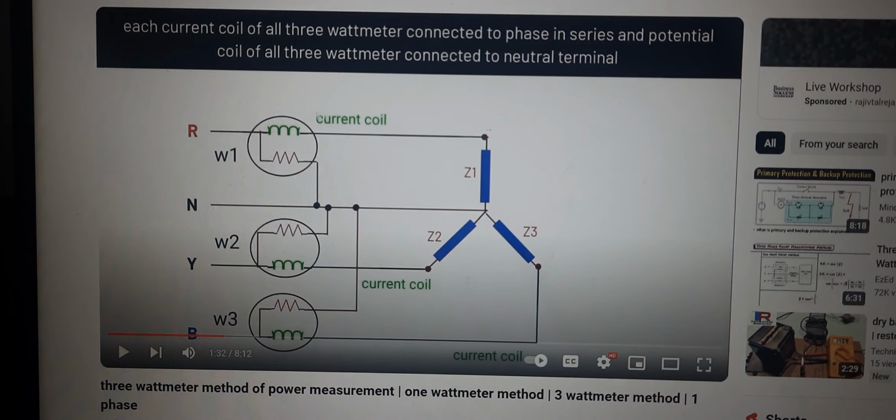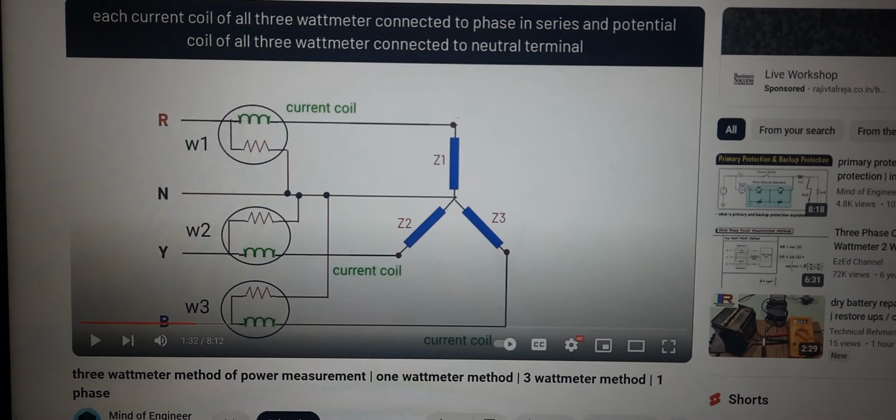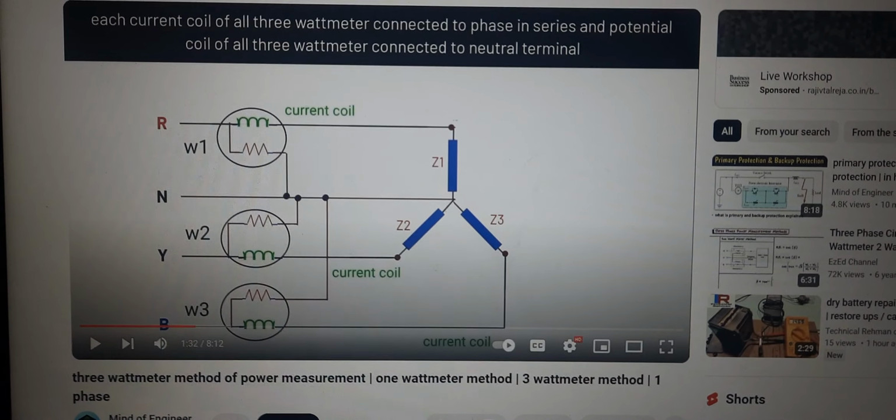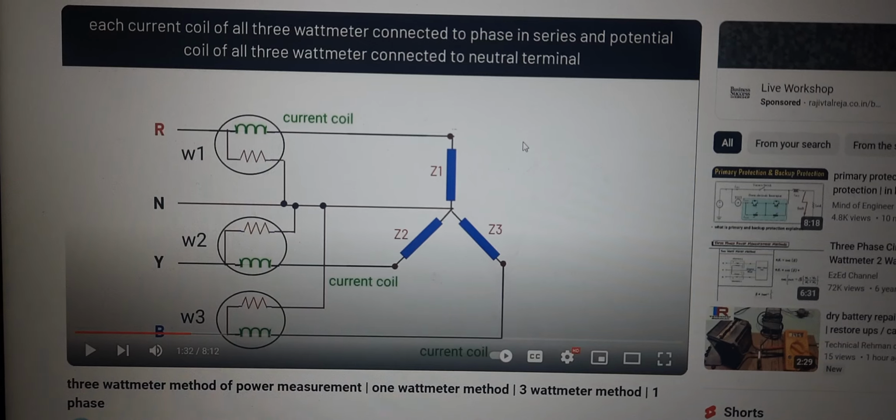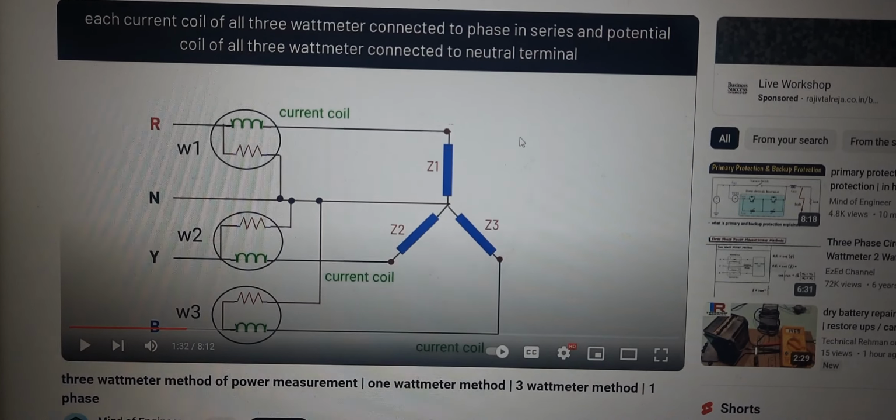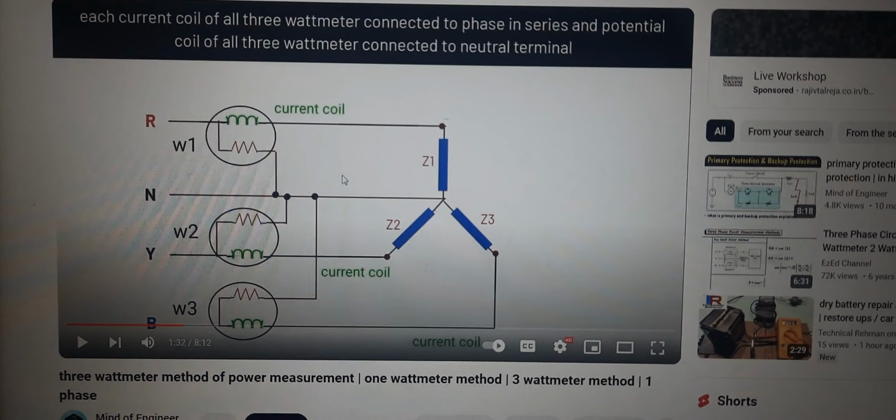In that case of either PT supply or the current failing, the energy recorded in that particular phase will be zero, and then accordingly you can calculate how much additional unit is to be added for that particular consumer.